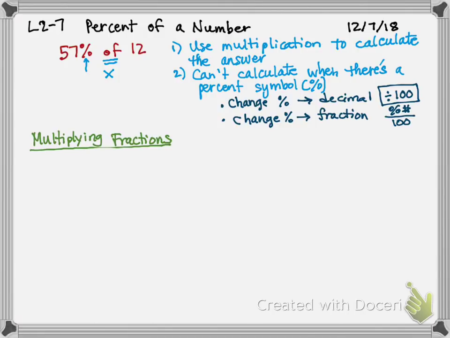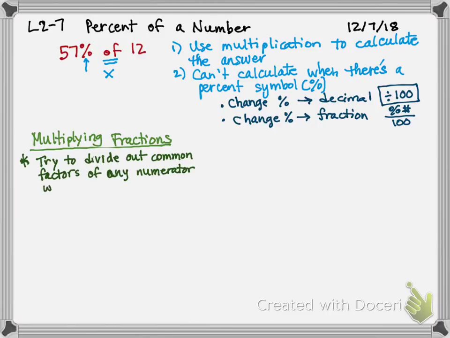Key ideas we're going to try to remember is we're going to try to divide out common factors of any numerator with any denominator. And this is what we call canceling.